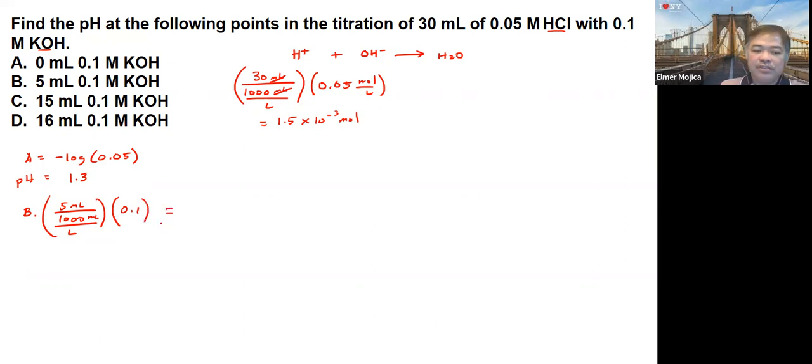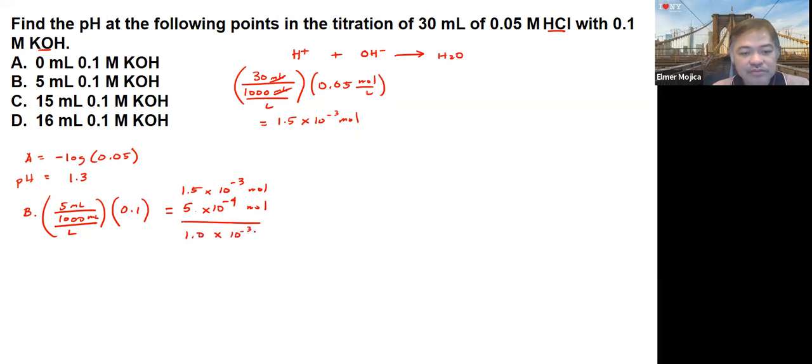So the number of moles that you have here would be equal to 5 times 10 to the negative 4. Between the 1.5 times 10 to the negative 3 moles of H+ and 5.0 times 10 to the negative 4 moles of OH-, we can subtract that, giving you an excess of 1.0 times 10 to the negative 3 moles of H+.